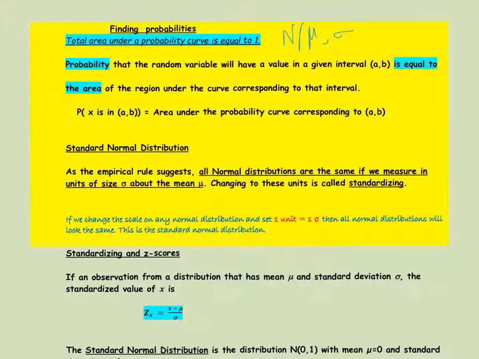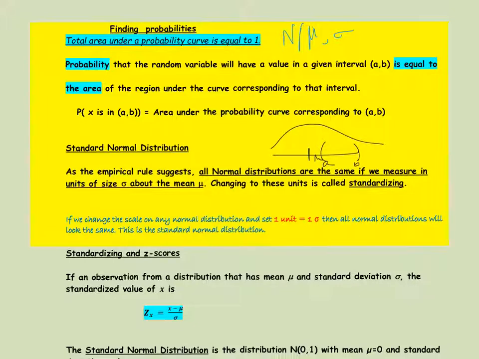Now, suppose the curve looks like this. The mean is in the center, let's say. We're trying to find the probability that x, the random variable, lies between a and b.